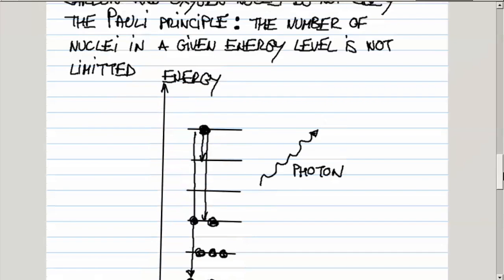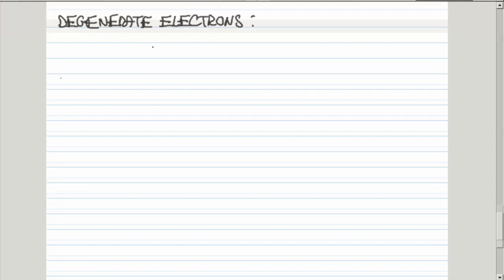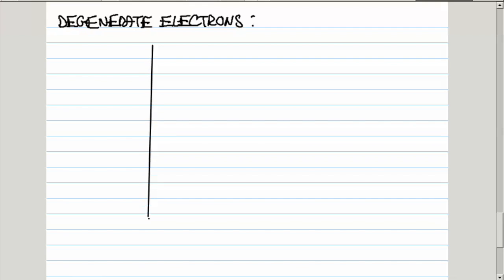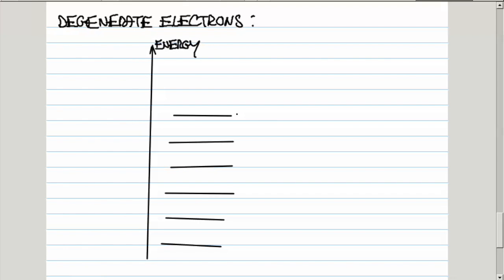If I want to make the same type of diagram for degenerate electrons, here again the vertical scale gives the energy. And then I have a set of energy levels for electrons, and this can go on.